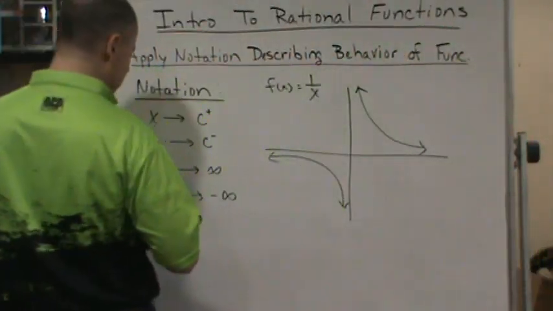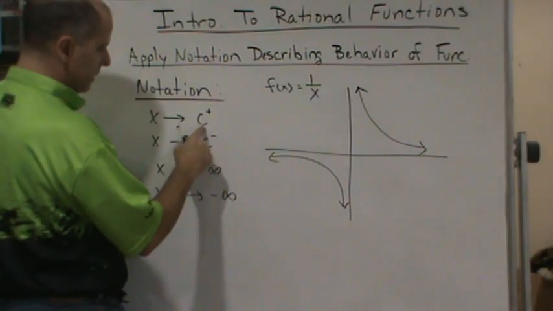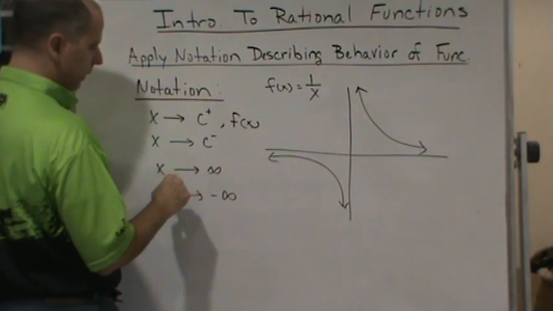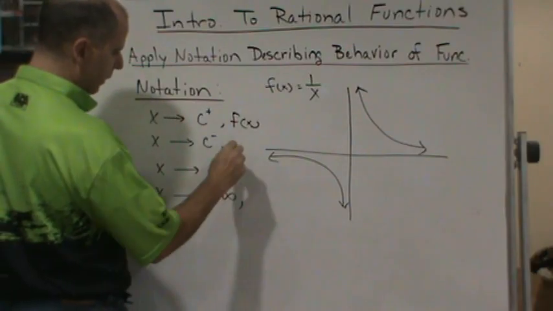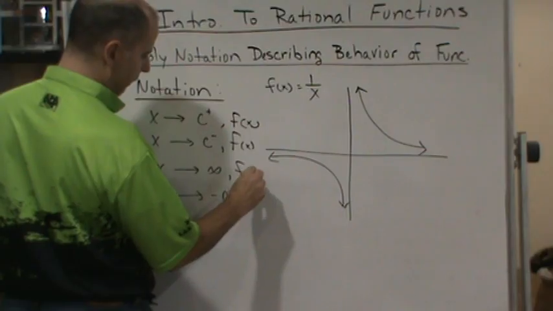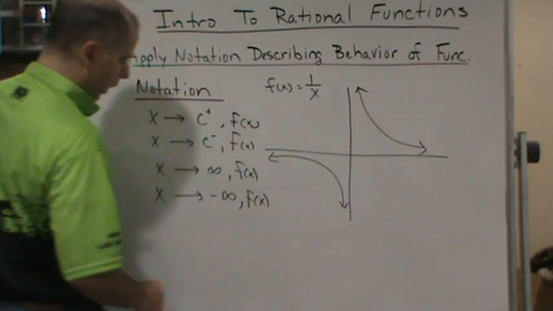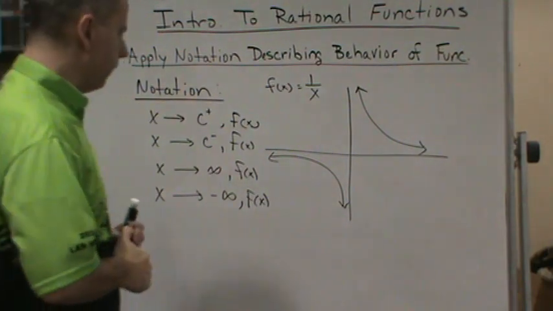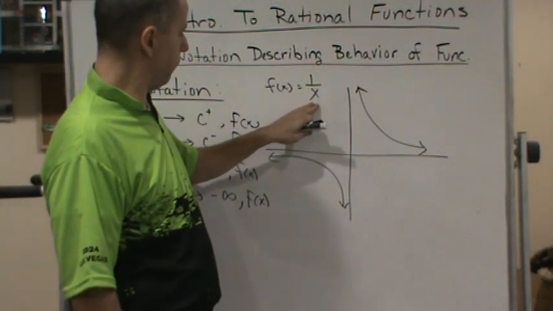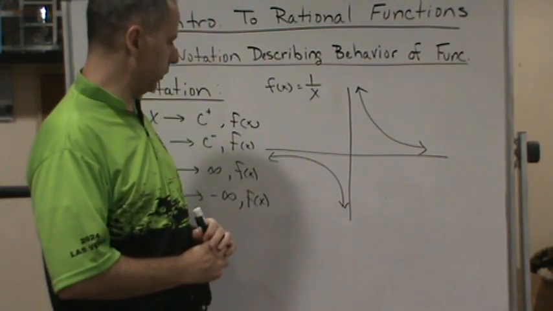What we're typically saying is, as x approaches c from the left, what is f of x doing? So we'll have these commas, and we'll be telling you what's going on with f of x. Here, if we take the function 1 over x and map it out, I just sketched the graph of the reciprocal function.